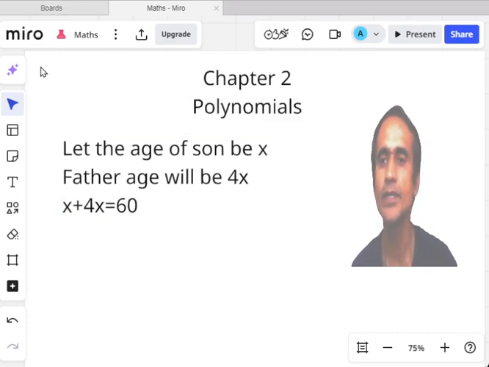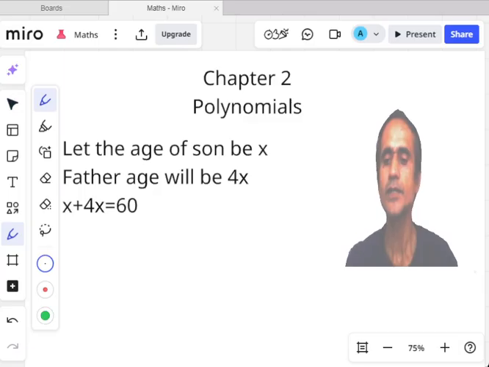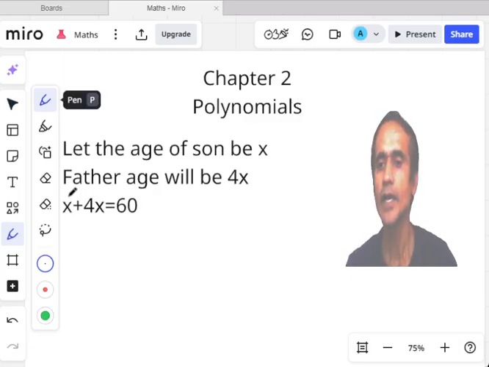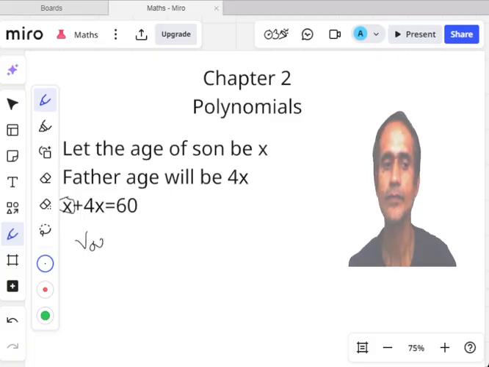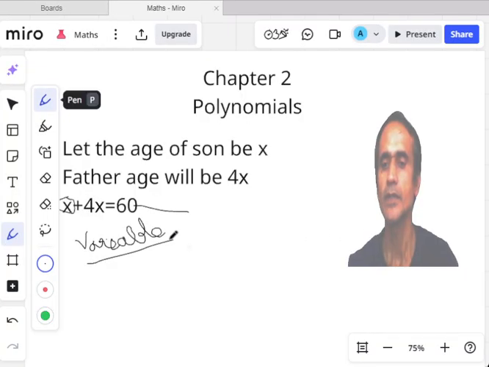So in this equation, x is the variable and 60 is constant.